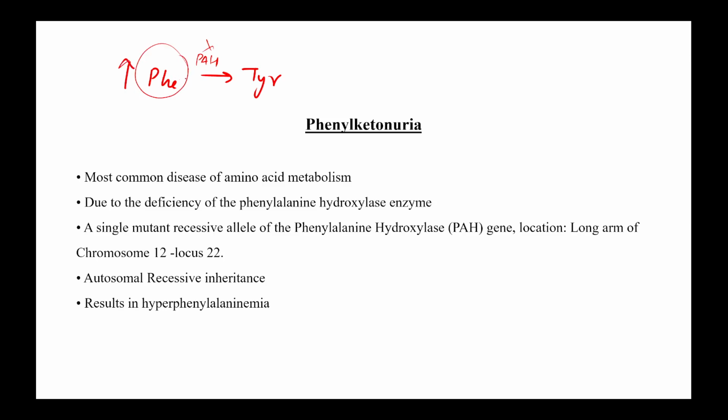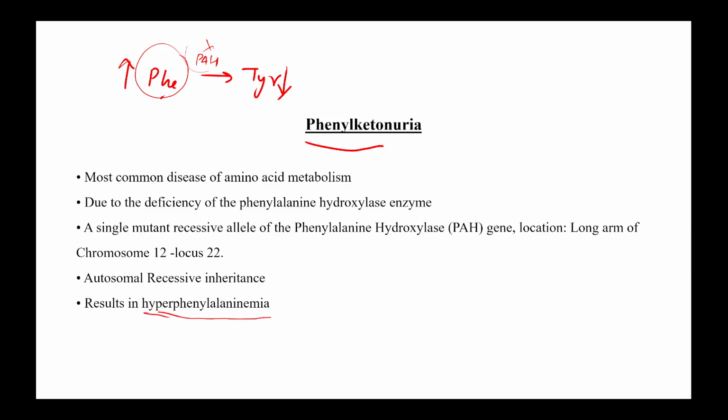The concentration of phenylalanine will increase and tyrosine will decrease, because there's no enzyme that can convert phenylalanine into tyrosine. Such a condition is called phenylketonuria, and the result is hyperphenylalaninemia, that means the accumulation of phenylalanine in the body, in the blood.